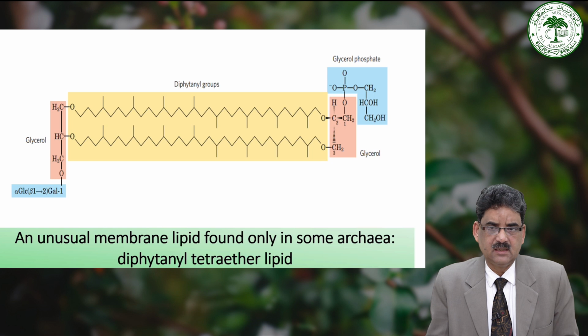As you can see, the glycerol moieties in archaeal lipids have the R configuration, whereas those in bacteria and eukaryotes have the S configuration. Archaeal lipids also vary in the substituents attached to the glycerol.